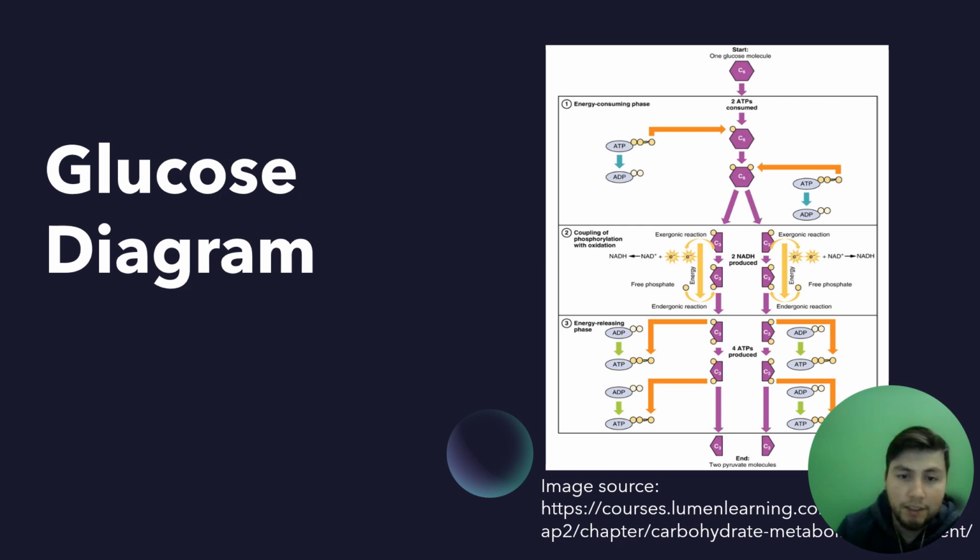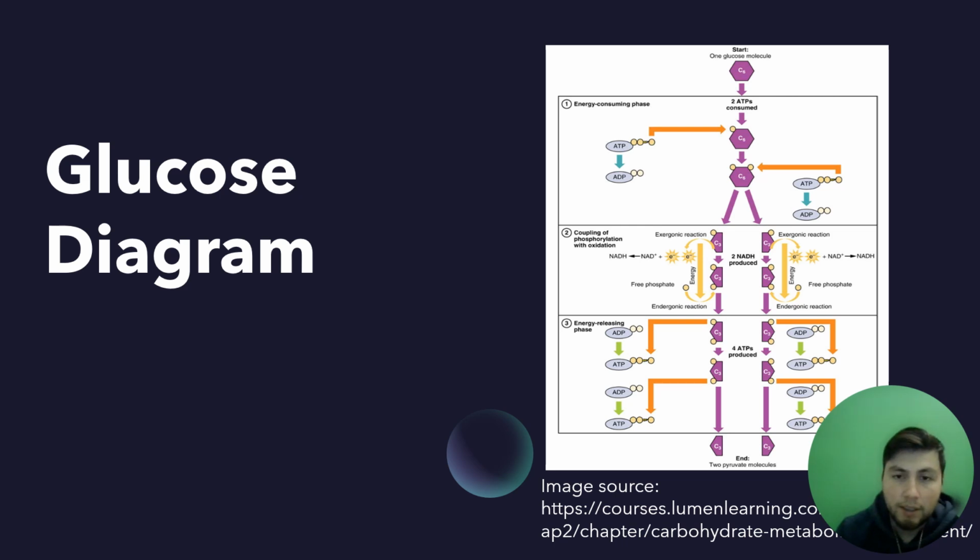It is initially broken down into pyruvate, which would be followed by the Krebs cycle, which further oxidizes the pyruvate. After that, it finally goes to oxidative phosphorylation, where the majority of ATP is generated, going through the electron transport chain.